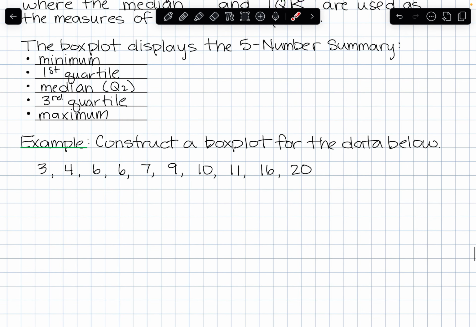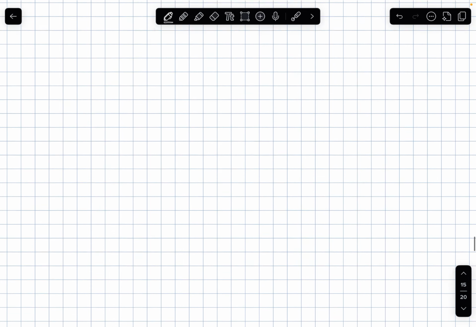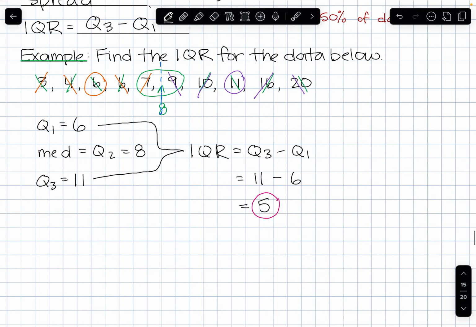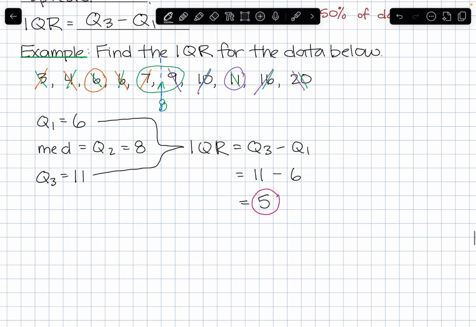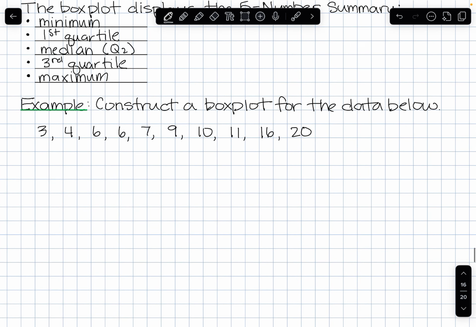We're going to go ahead and build a box plot for the data below. This data is the same list that we had for our last data set. So I'm going to scroll back up to the notes from our last video. We calculated our quartiles for that data set as 6, 8, and 11. So I'm going to bring those down.